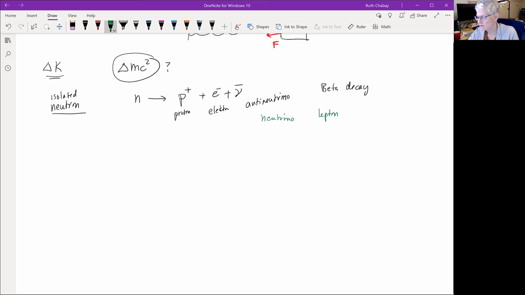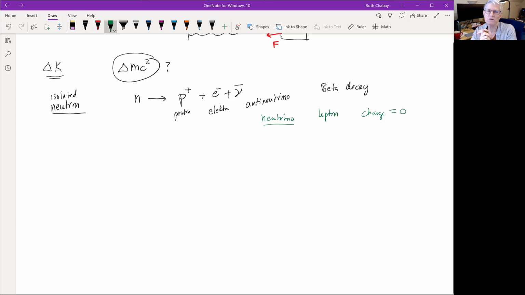You can guess from its name, it has 0 electric charge. And it's not made of quarks, so it doesn't interact very much with anything. In fact, it doesn't interact through the electric force because it's not charged.